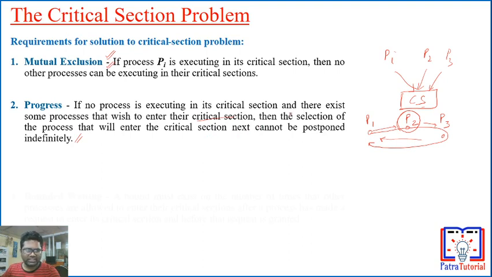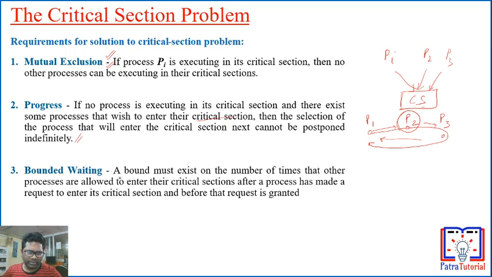And third one is bounded waiting. A bound must exist on the number of times that other processes are allowed to enter their critical sections after a process has made a request to enter its critical section and before that request is granted. Suppose there are two processes P1 and P2, where P1 is a very small process and P2 is a very large one.